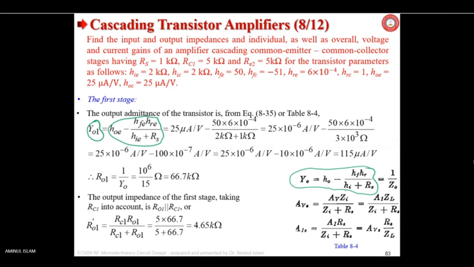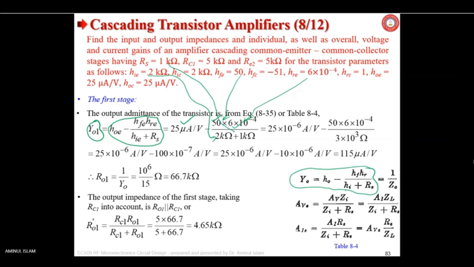Anyway, we put this value, and HFE equals 50, HRE is given here, HFE is 50 coming here, and RI is taken as 2 kilo ohm, and RS is taken as 1 kilo ohm.